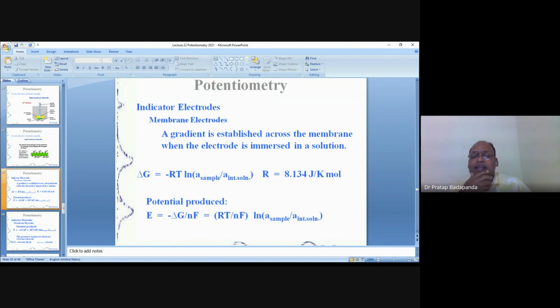The value of R is 8.314 J K^-1 mol^-1; you have to memorize this value. K means Kelvin temperature. The potential produced, E = -ΔG/nF = (RT/nF) ln(A sample / A solution).